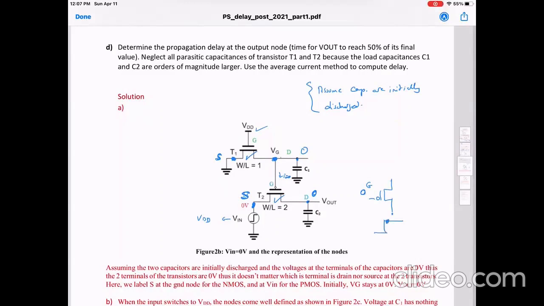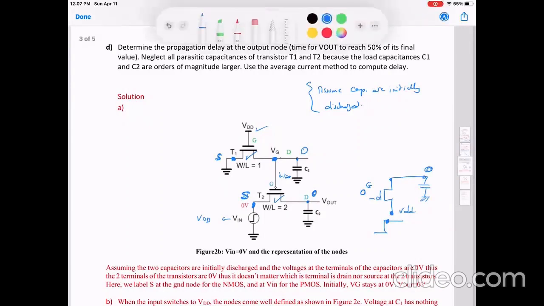So I am switching this to VDD, and here I have a PMOS which now has VDD on one side and it has an output capacitance that was initially 0. So let us label the nodes for this transistor. The node is S because it is the higher voltage, and this would qualify as D.